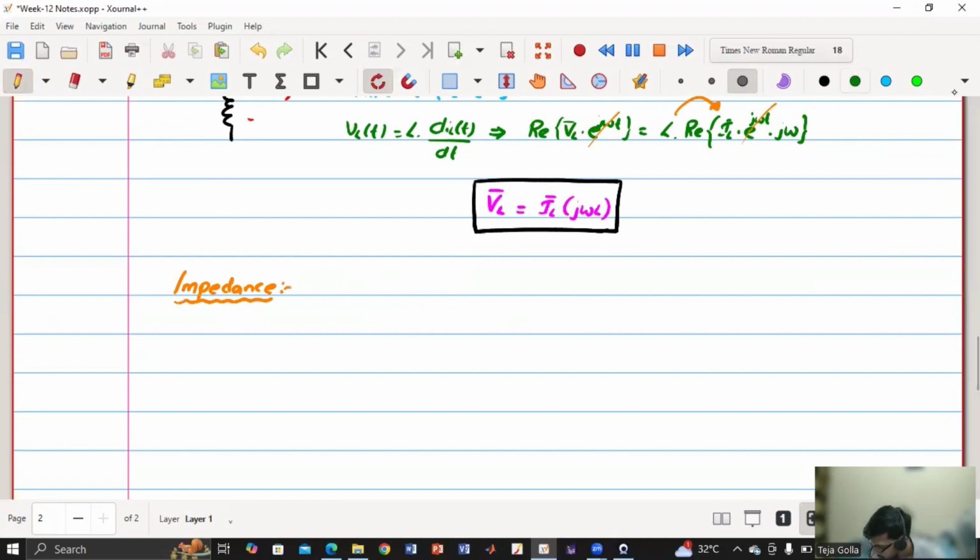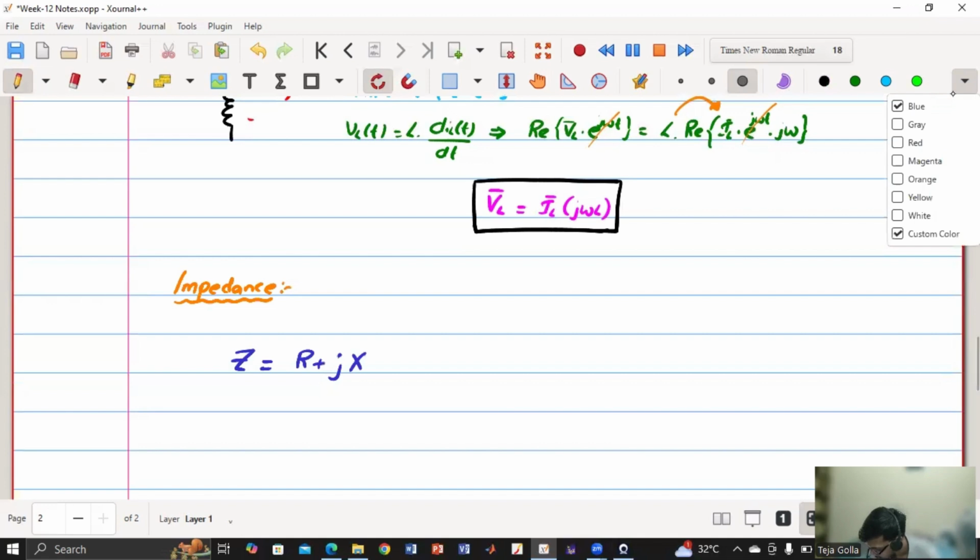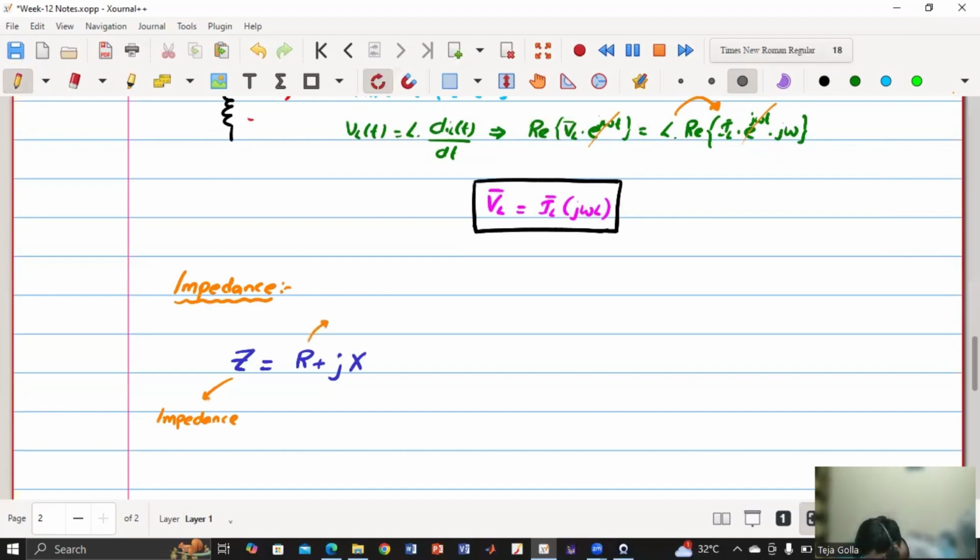It is defined as Z, the impedance, a complex number, equal to R plus j into X. R is the resistance, and X is called the reactance.